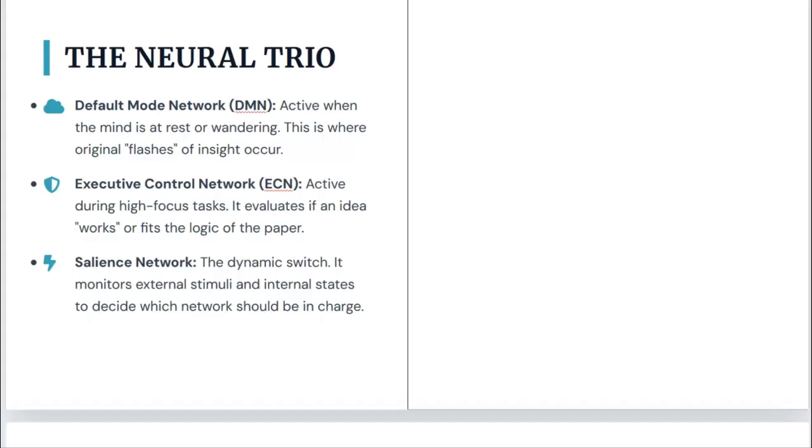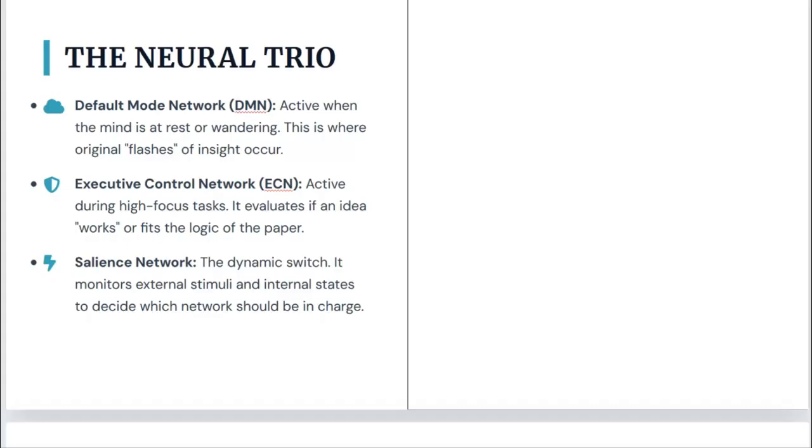So we've got DMN, ECN, and then finally the Salience Network. This is a switching system, the dynamic switch. It monitors the external stimuli and internal states to decide which network should be in charge.